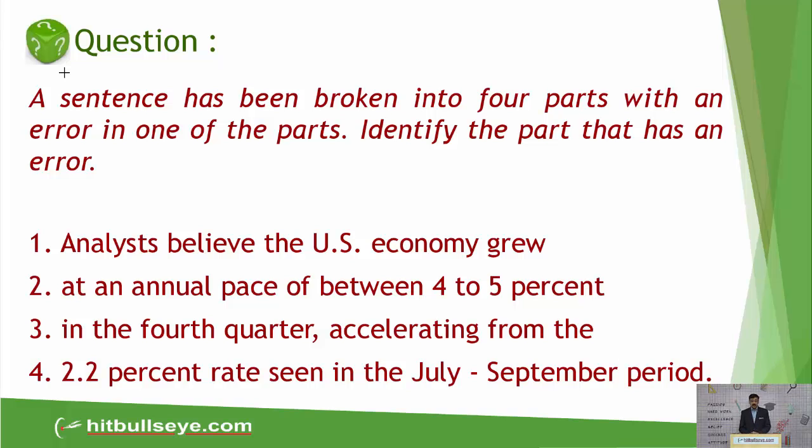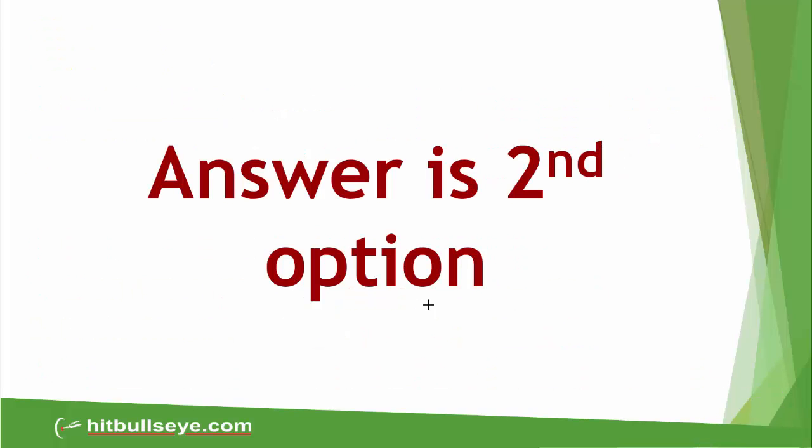It says that analysts believe that US economy grew at an annual pace of between 4 to 5. So annual pace of 4 to 5% is fine. Between is redundant here. So this is wrong. So option 2 would be our answer option.